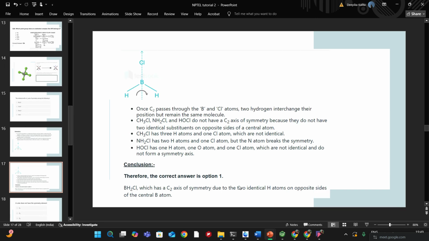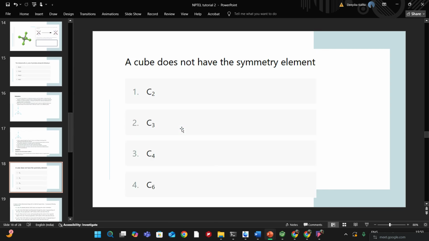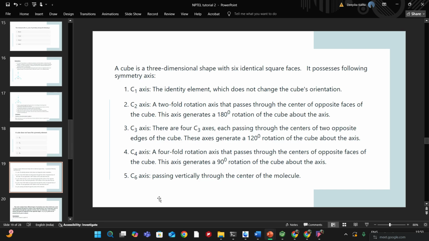Then we looked at these four molecules which are BH2Cl, CH3Cl, NH2Cl and HOCl, and we saw out of these four molecules, BH2Cl was the only one who possessed C2 axis of symmetry.